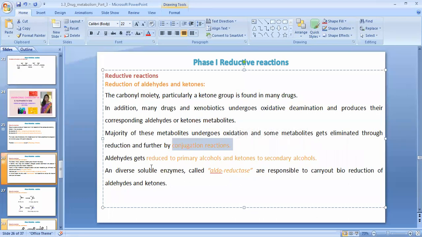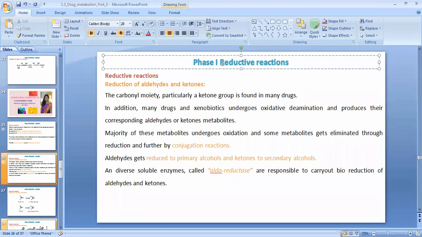Then what happens when the aldehyde molecule is reduced? It is converted into a primary alcohol, and we all know if a ketone molecule is reduced, it is converted into a secondary alcohol. And diverse soluble enzymes. See, already we have discussed, the reductive process takes place in the presence of what? It is done in the presence of a biological enzyme. So which enzyme actually takes part in this process?